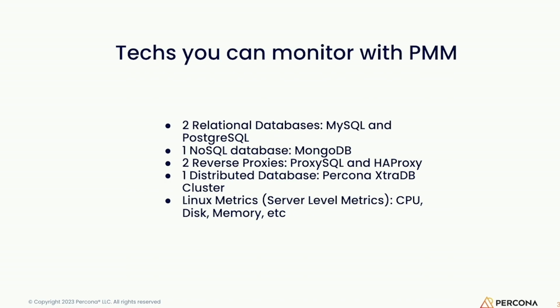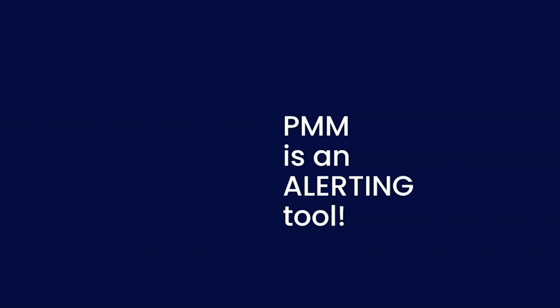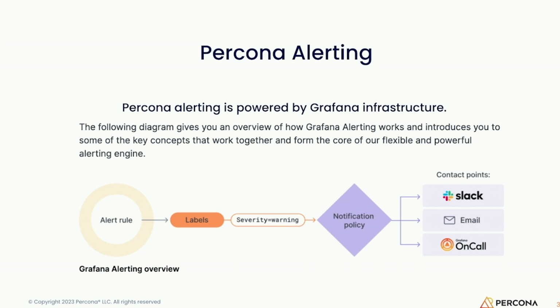Like I said, the idea is to apply this to everything that can be monitored with PMM currently, which is the relational databases, the NoSQL databases, the reverse proxy, extended Linux metrics. We already have that. Since we also have alerting in PMM, you can create alerts based on that type of information.